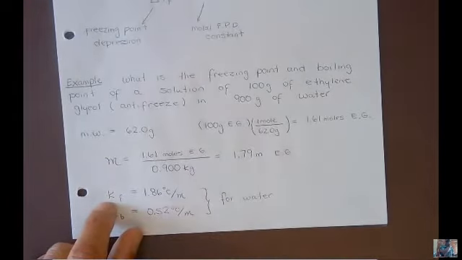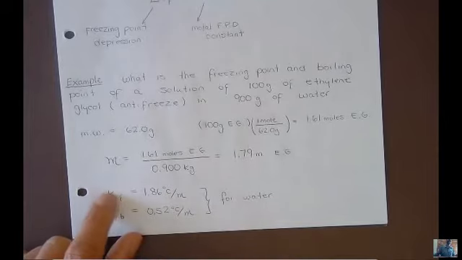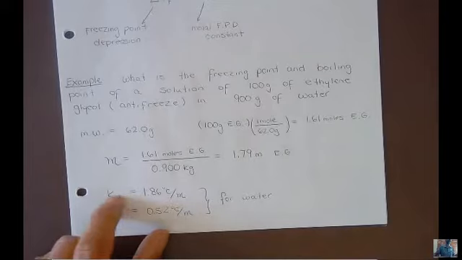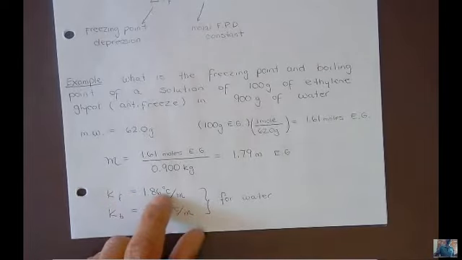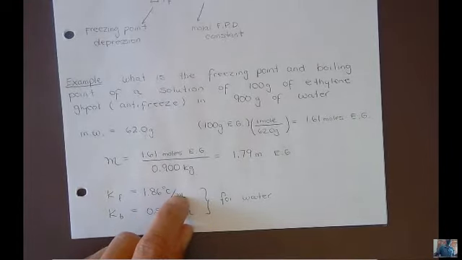All right, where did I get this number? Kf for water and Kb for water. They're going to be listed in your textbook, okay? They're independent of temperature, they are just one number. So the molal freezing point depression constant is 1.86 degrees Celsius for each molal.